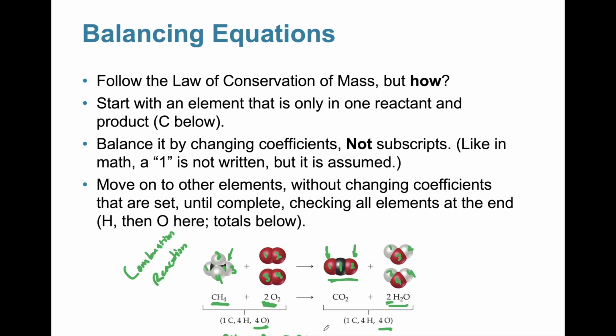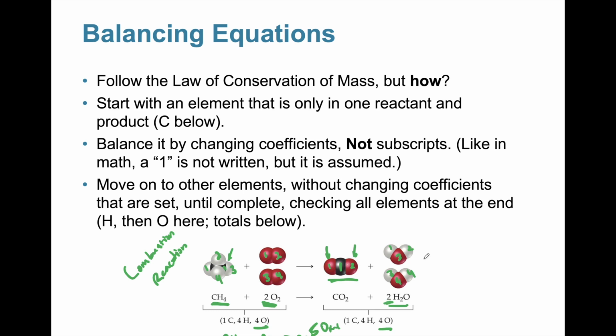Because on this side there are 3 oxygens, but over here there are only 2 oxygens: 2 oxygens from CO2 and 1 oxygen from water. So if you don't balance the chemical equation by putting a 2 and a 2 in front of the molecules, you won't have enough oxygens on both sides to make them match.